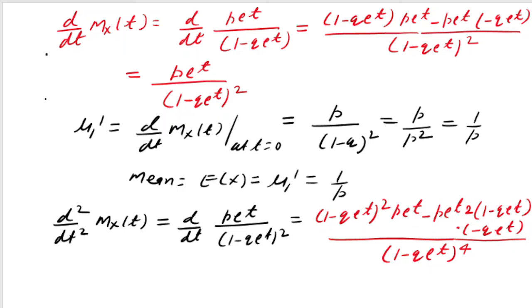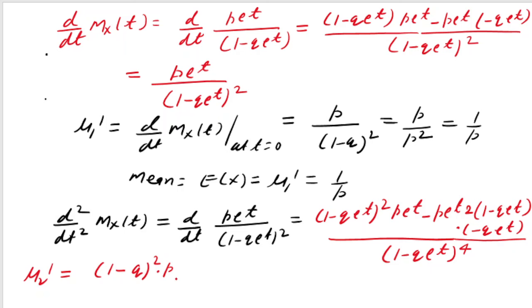for making the computation easier is put t equal to 0 at this place itself. So if I ask you what is mu2 dash, I put t equal to 0 in this expression itself, so that it becomes easier. So I get 1 minus e to the power 0, which will become 1, so it will become 1 minus q square, and p, so I get p here.